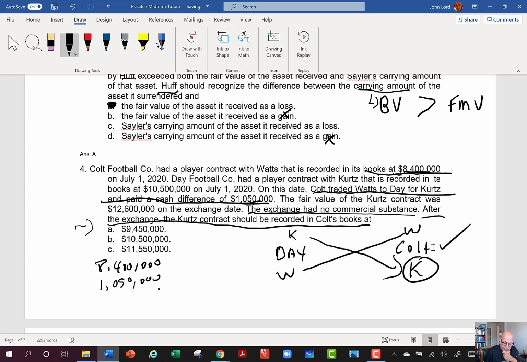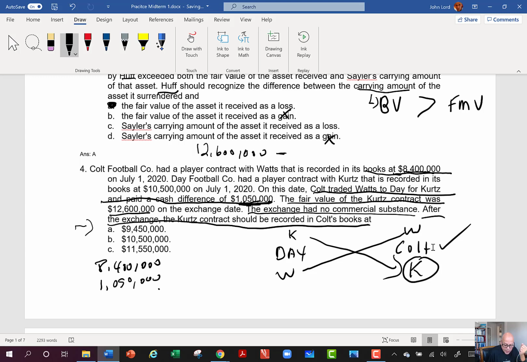Well, look, if the Kurtz contract has a fair value of $12,600,000, to get that asset, I have to give up, along with my player's contract, $1,050,000.